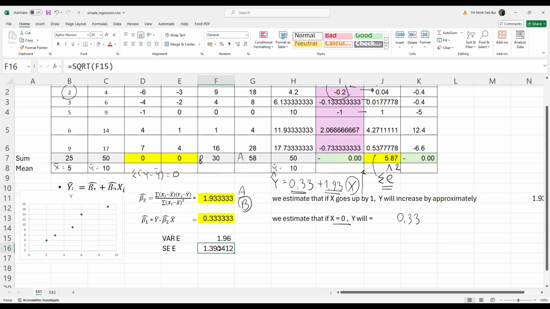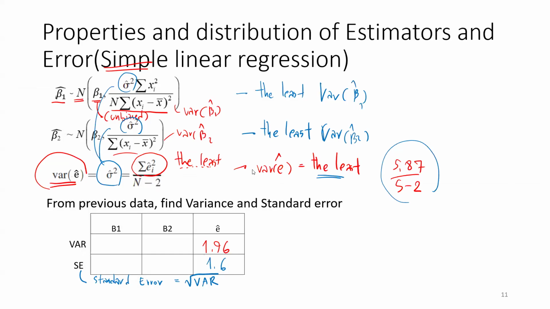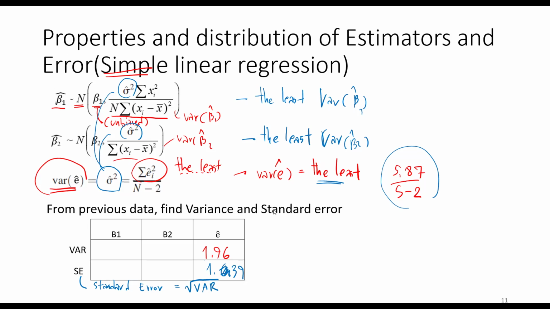Okay, so this is the correct answer. So forget the previous calculation. I may have made a mistake. So forget this one. Not 1.6, it is 1.4. Yes, I forgot the answer.